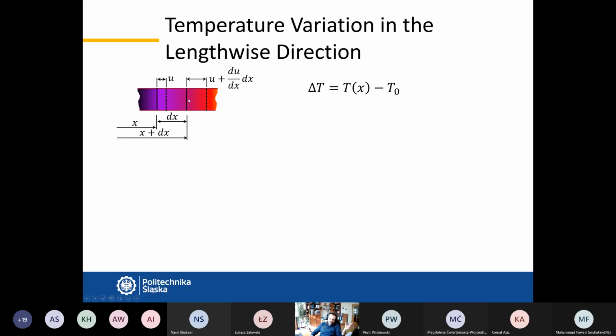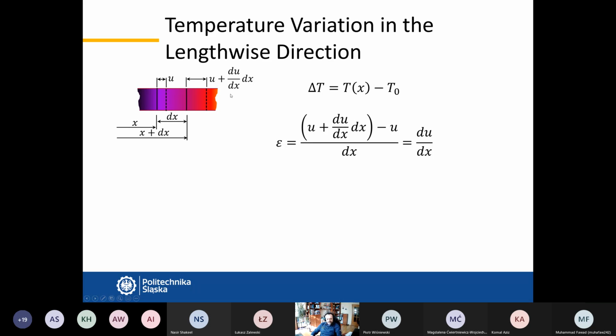There is a change due to elongation of the small slice of material. So one end of the slice will move by U, the other will move by U plus d over dx times dx. So we observe elongation of the thin slice of material. This results just from the observation of what happens.